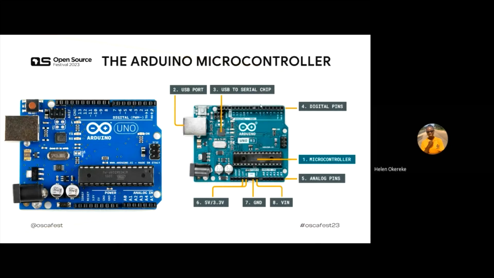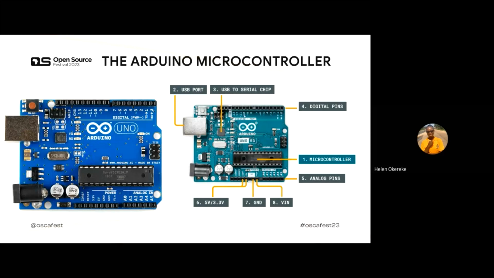So when you want to connect this motor, you will need to connect to a pulse width modulation pin, either pin 11, pin 10, or pin 9. If you connect it to a pin that is not a pulse width modulation pin, the modulation will not work.